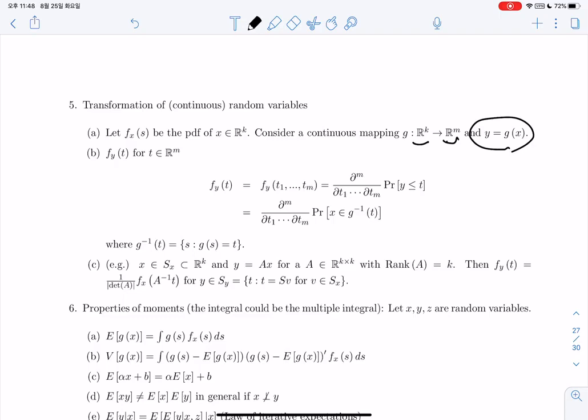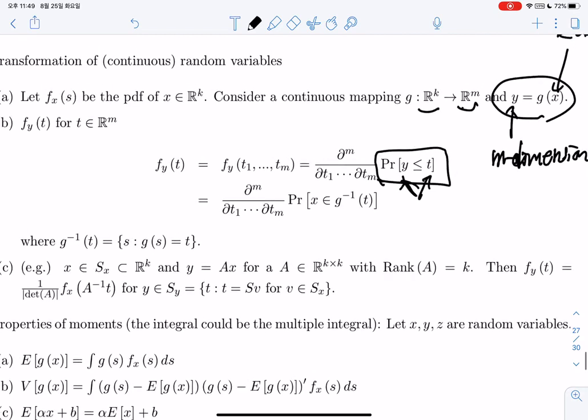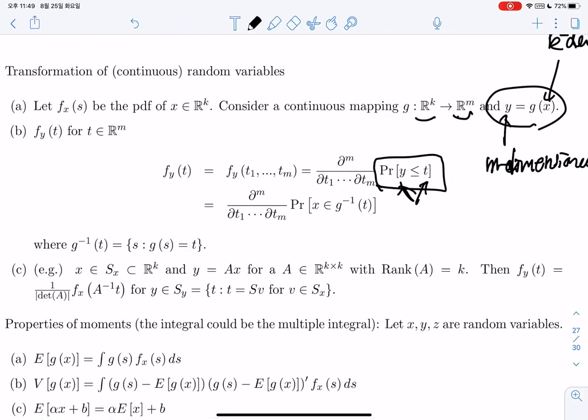So here, this y is m-dimensional, right? And this x is k-dimensional. Okay, then the probability of y less than t, here this is a vector and this is a vector as well, right? So this less than or equal to is in a vector sense.